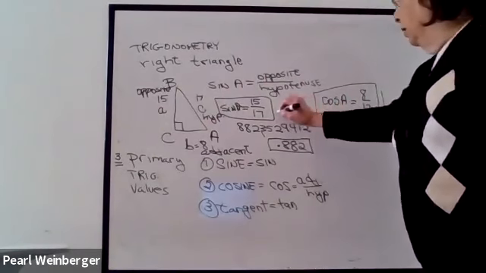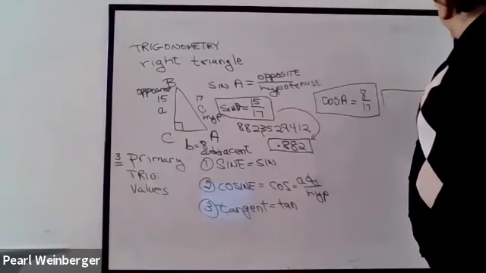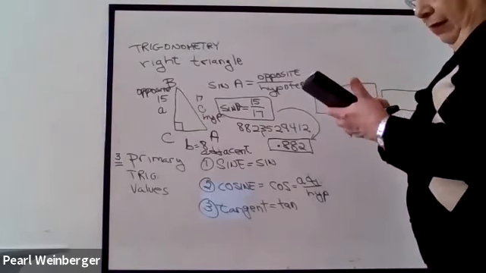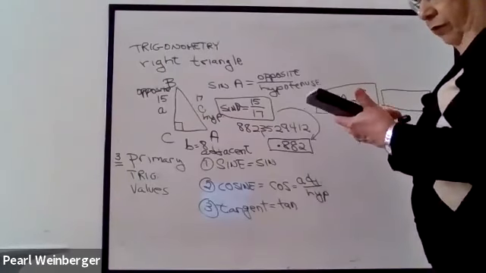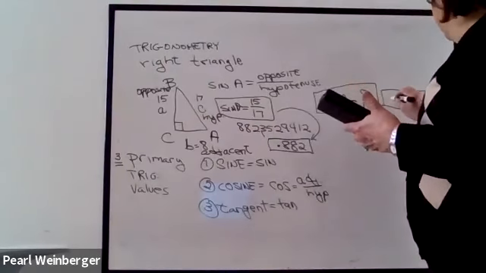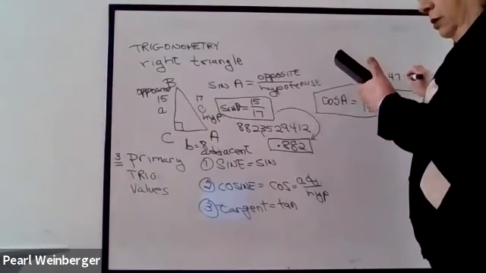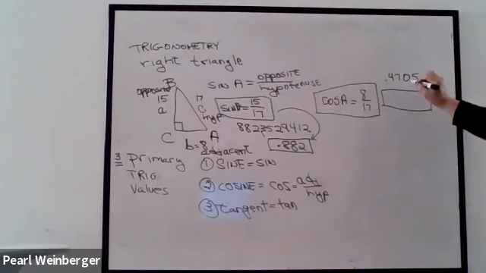If we want that in decimal form, I have to do 8 divided by 17. And I'm getting 0.4705. I don't have to go further than this because I want to stop at 3 numbers.